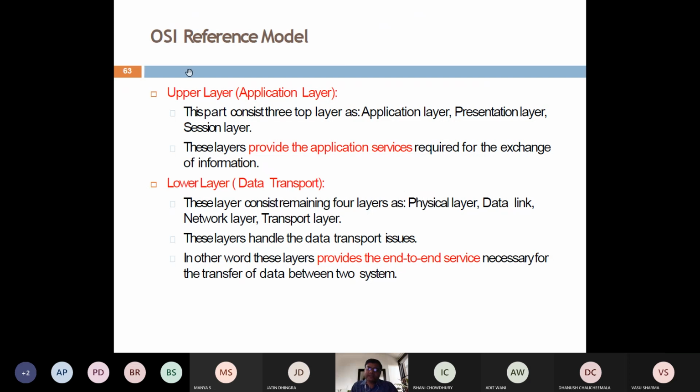The upper layers are for the application, and the lower layers are meant for data transport. The lower layers consist of the physical layer, data link layer, network layer, and transport layer. Up to the transport layer we use for data transport. After that we use the application concept, where presentation, session, and application come together.